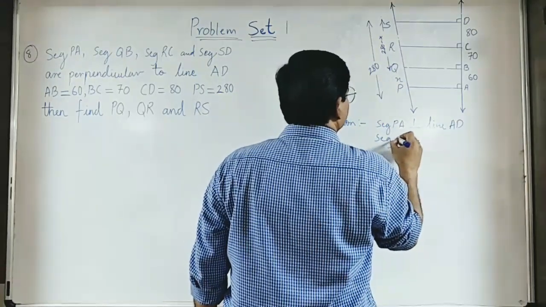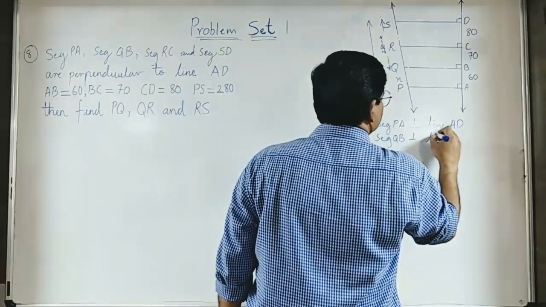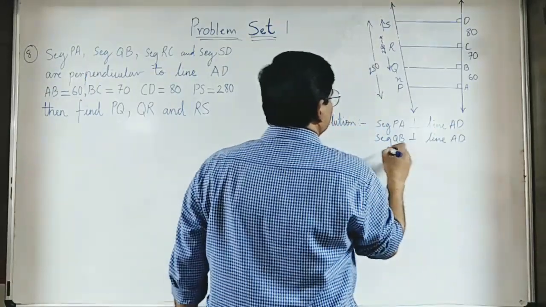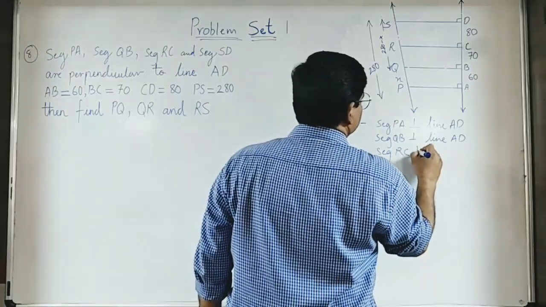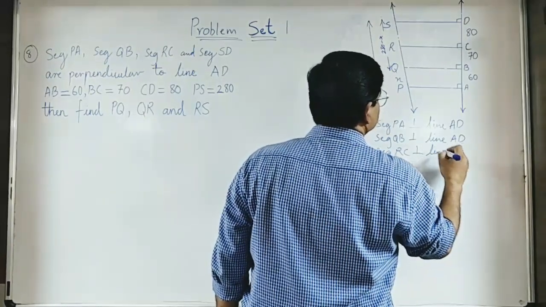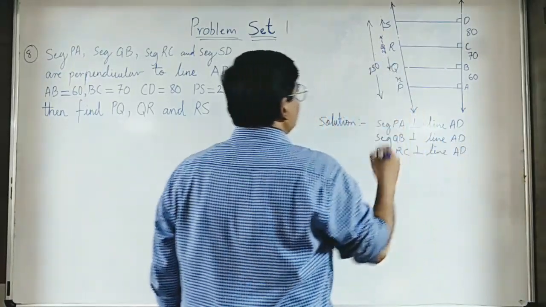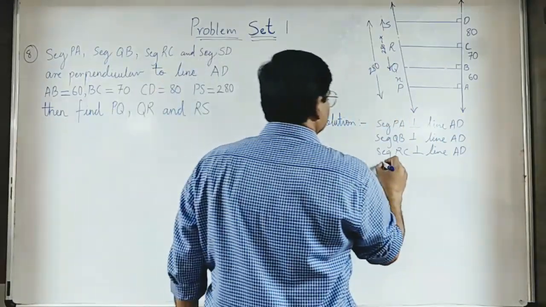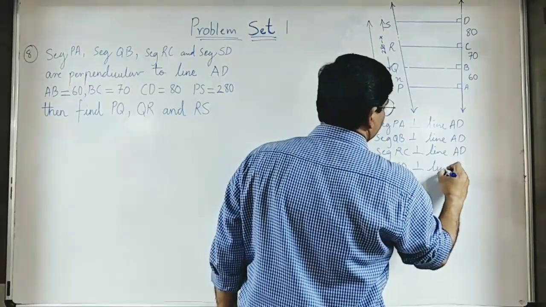Seg QB is perpendicular to line AD, and seg RC is perpendicular to line AD, and one more is there, seg SD. Seg SD is also perpendicular to line AD.